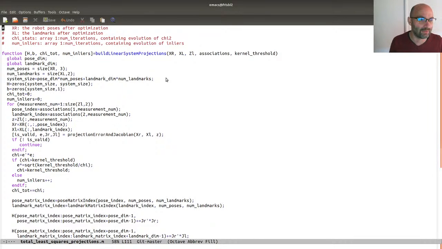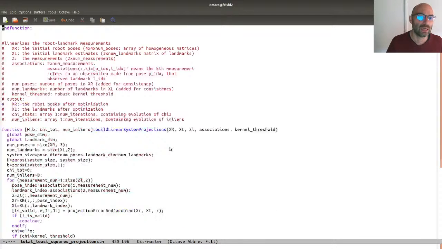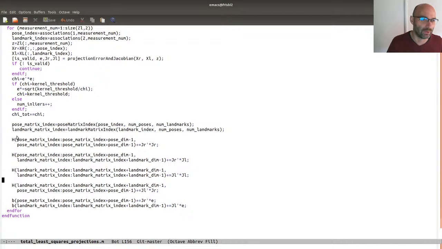The values will be different, but consider that here you have 2 by 6 and 2 by 3. Now, when I compute the contribution, the robot-robot contribution will be 2 by 6 transposed, so 6 by 2 times 2 by 6, which makes a 6 by 6.